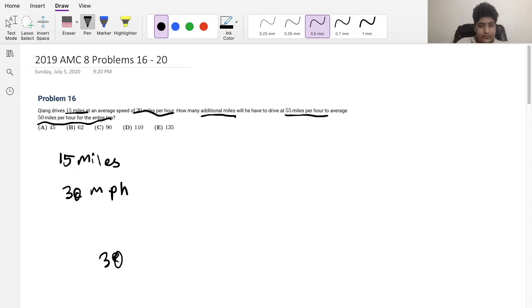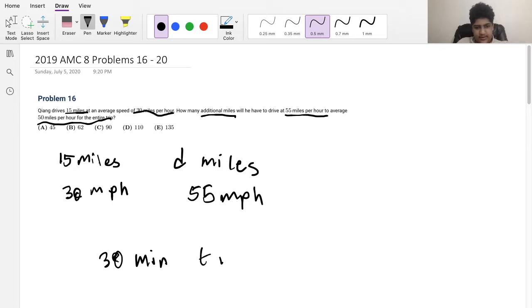Now, he needs to go d miles for the second leg of the journey, and he wants to drive 55 mph to get a time t. Let's just say t hours, that's a lot more convenient.